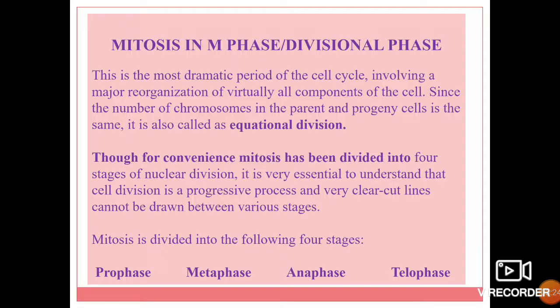The divisional phase is also known as the M phase. This M does not necessarily mean mitosis, it could be meiosis as well. That's why the term divisional phase is used in the cell cycle. But in today's presentation, we are focusing on the mitotic cell division of the divisional phase.